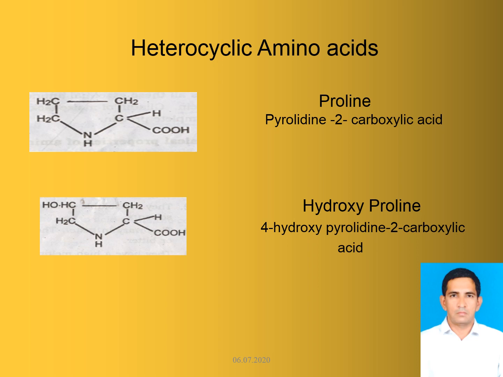Some well known heterocyclic amines are niacin, vitamin B3, nicotine, and the nucleobases that encode genetic information in DNA.